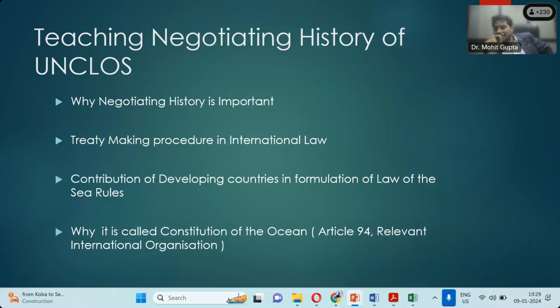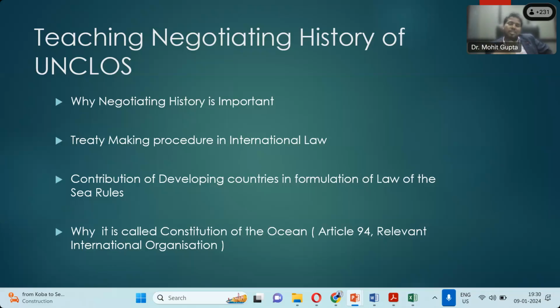Because the negotiation started in 1973 and it ended in 1982. For 9 long years, countries were negotiating how those rules related to ocean governance should look like.